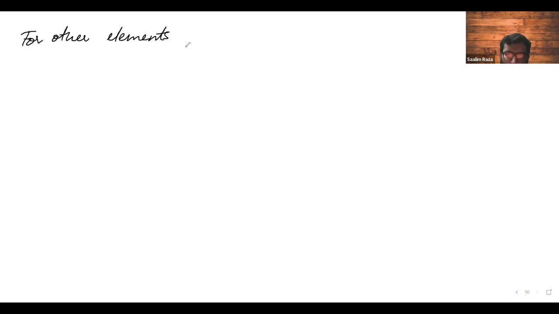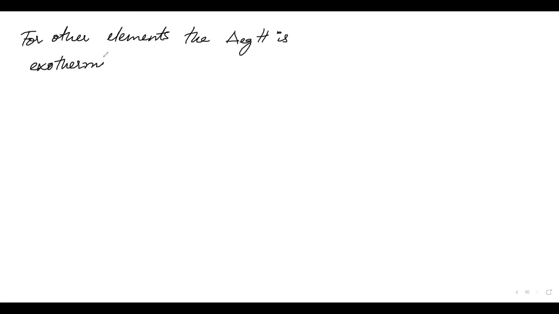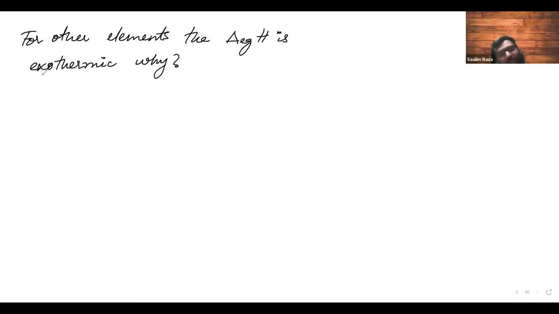Correct? So if I'm asking about other elements, you have to tell me the reason from the other elements. You cannot say, sir, in noble gas that happened. If I'm asking for other elements, the delta EgH is exothermic. Why? What would be the answer? Any idea or no idea?